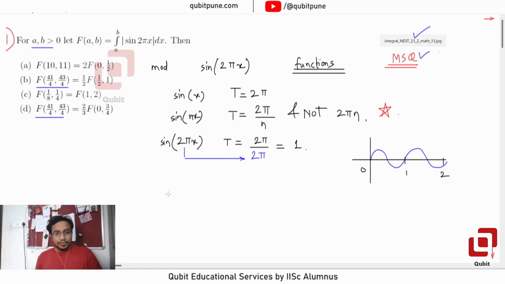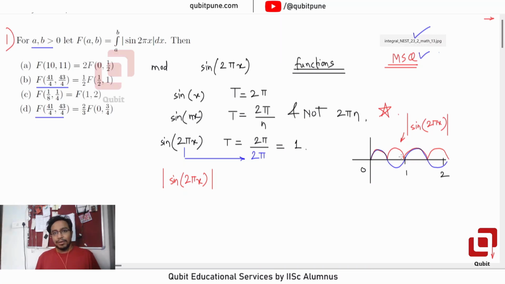Now when it comes to mod of sine 2πx, what will happen? This graph will remain as it is, and this graph will get flipped. Do you follow this or no?